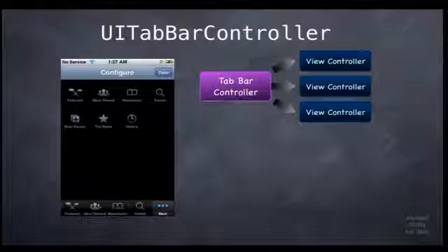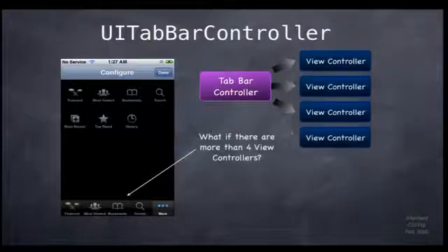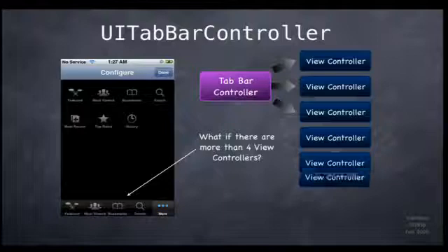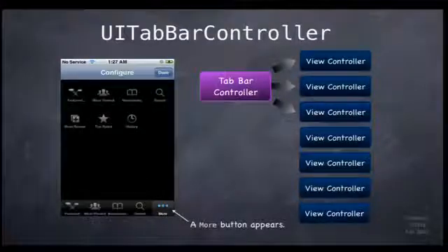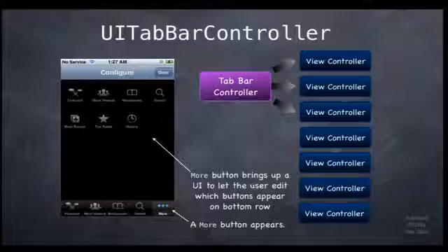All right, so what happens though if there are more than 4 view controllers? Because I said the tab bar controller, you can create it with an array of as many view controllers as you want. When you do that, a more button will appear down in the corner. So you'll have 4 buttons and a 5th one now, which is more. And when you click that more, it goes into this mode where the user can actually pick which 4 they want to be showing on the bar.